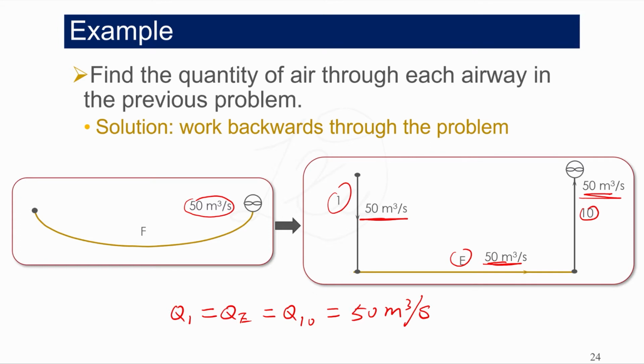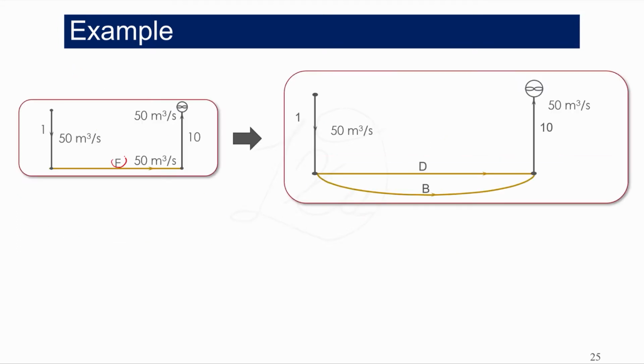Keep moving one step back. Airway E came from the two parallel airways D and B. The total airflow to airways D and B is the quantity flowing in airway E, that is 50 cubic meters per second. We will need to use the quantity divider rule.